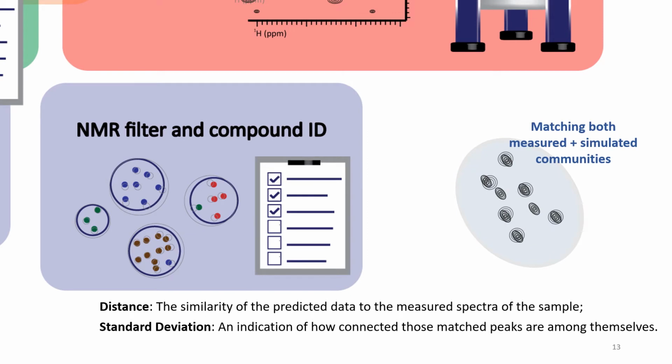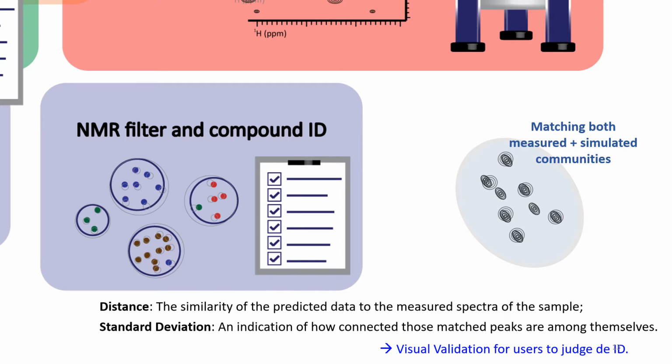By organizing the communities and matching them with those created by the NMR prediction step, we generate a list of most probable compounds found in the mixture. We designated two quality parameters for ranking that list. The distance defines the similarity of the predicted spectra to the measured spectra, and it's taken as one indication of the most likely compound among the candidates.